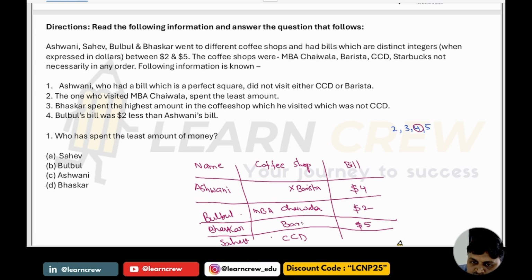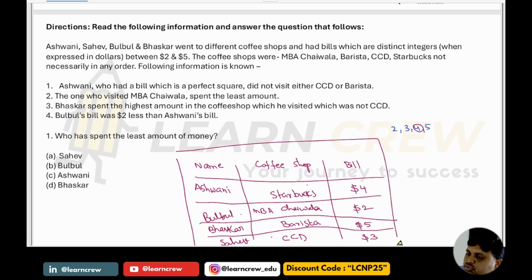This is Barista. So now the only other coffee shop left over is Starbucks. So this is Starbucks. And the amount that is left, the other amount left, is $3. So this is the overall distribution of person visiting coffee shop and the bill paid.